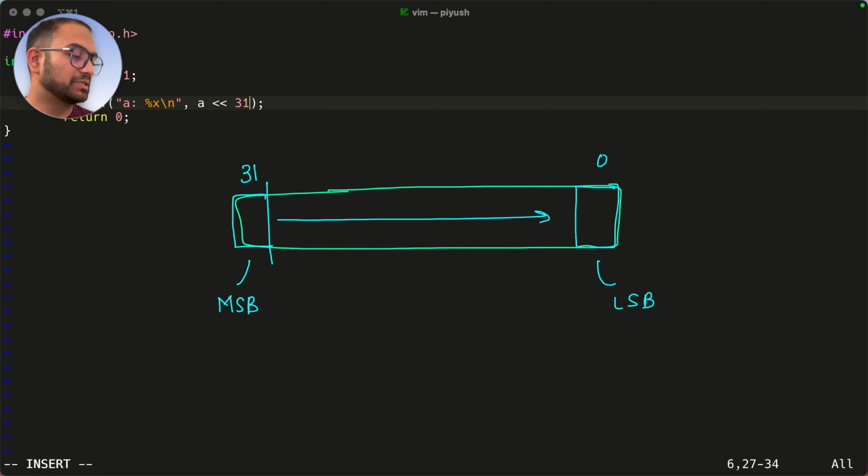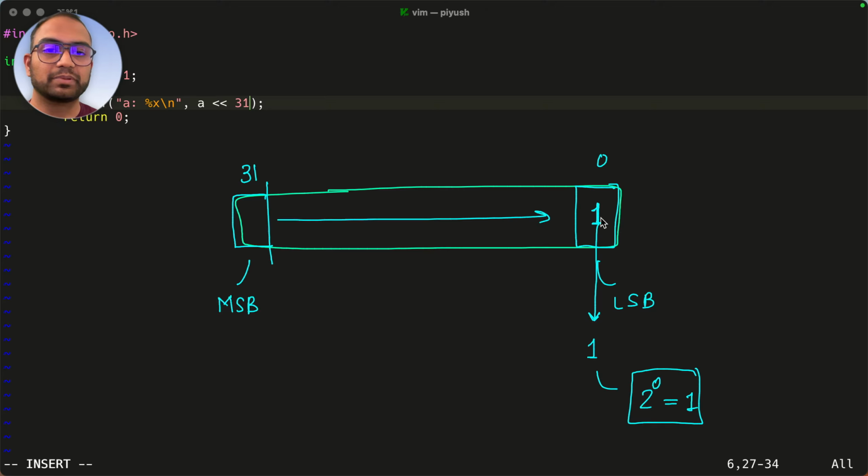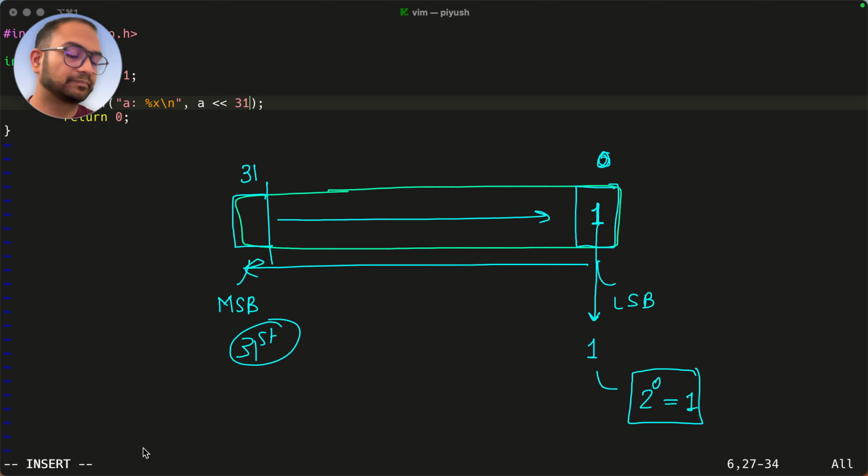So what I'm essentially doing is taking 1, which is at the LSB position. Why is it at the LSB position? Because 2 to the power 0 is 1. So 1 is represented by turning on the binary bit at the 0th position. Then I'm saying, move it to the 31st location. There are 32 positions in total.